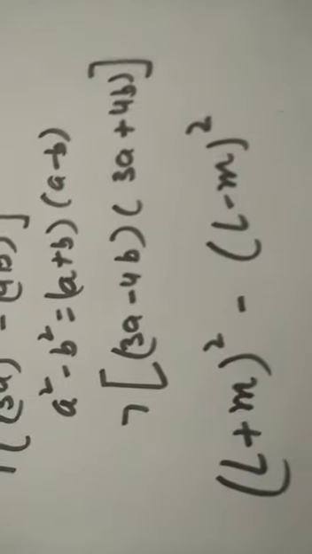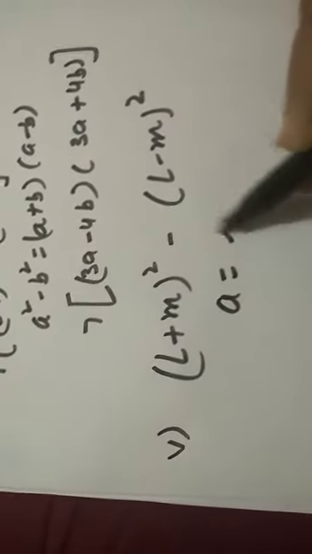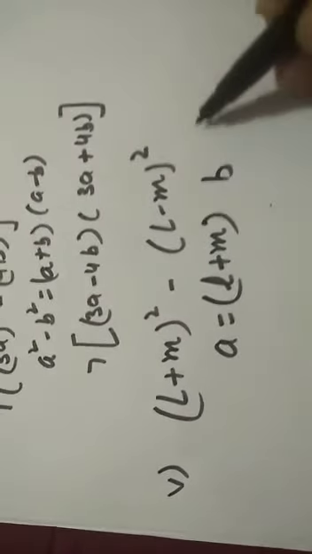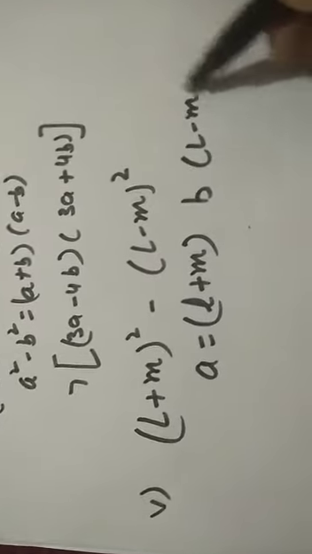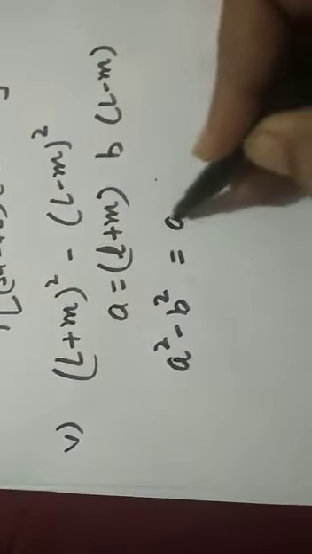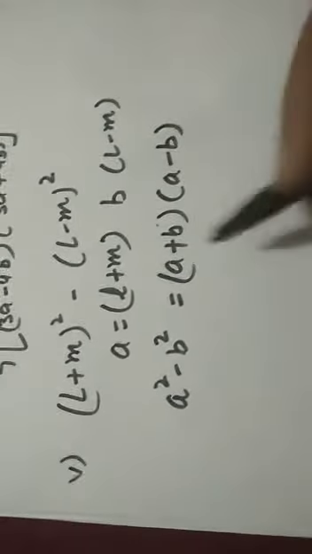Now I am taking its fifth part, l plus m whole square minus l minus m whole square. The same part you have done in simplification also, but here we have to factorize. So here the value of a is l plus m, and the value of b is l minus m. So we'll use the identity a square minus b square, that is a plus b into a minus b.